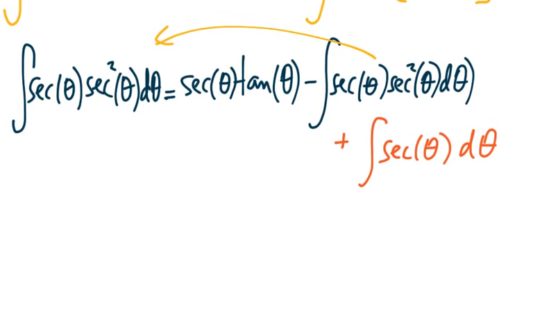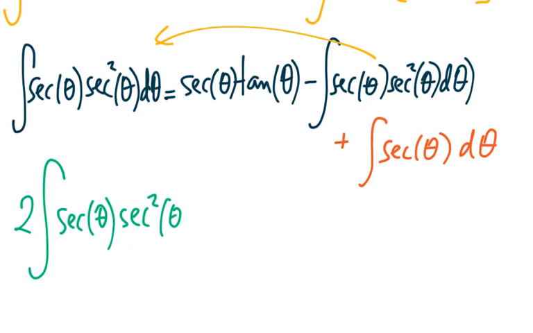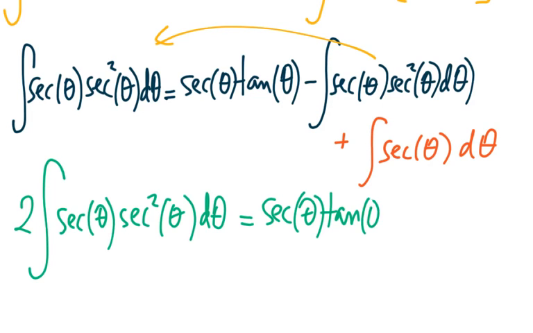So, what do we have here? We have 2 times the integral of secant theta, secant squared theta, d theta. It's equal to secant theta, tangent theta, plus the integral of secant theta, which we know, d theta. That we know.